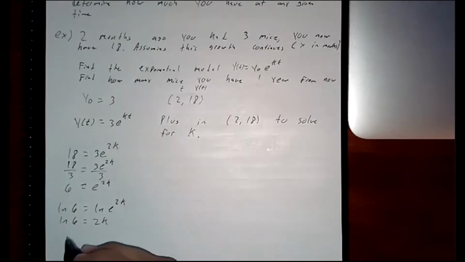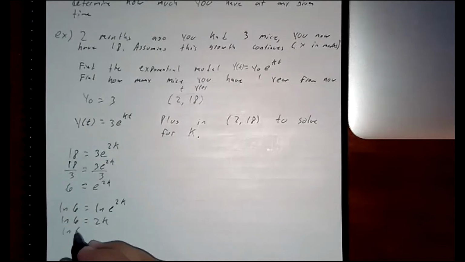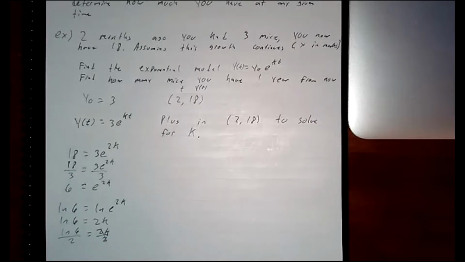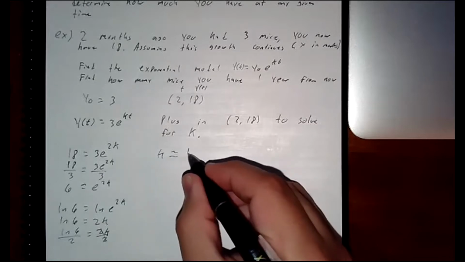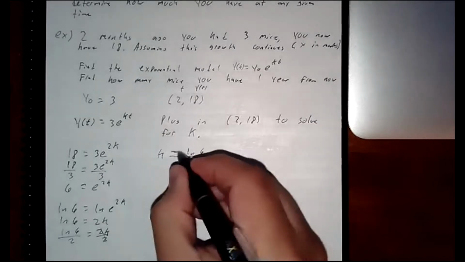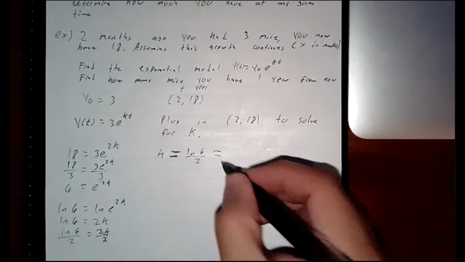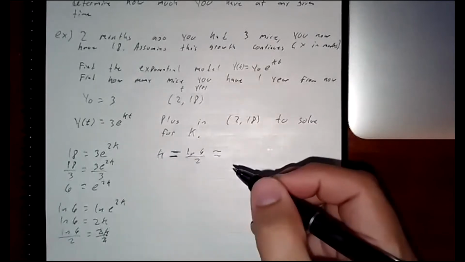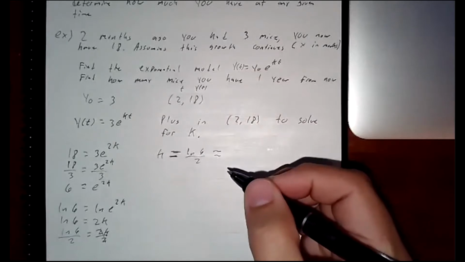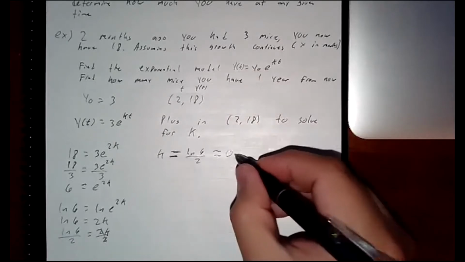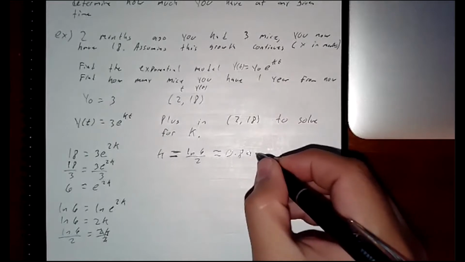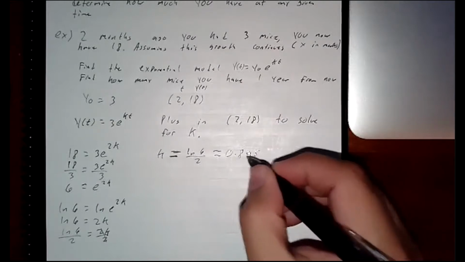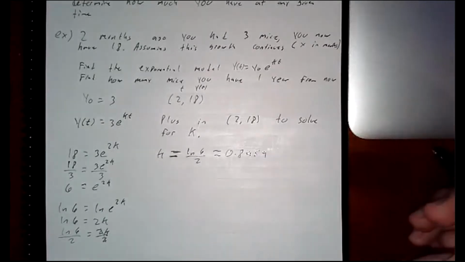So that means that dividing both sides by 2 will give me k. So k is actually equal to ln 6 divided by 2, which is approximately 0.8959. We'll round it there.